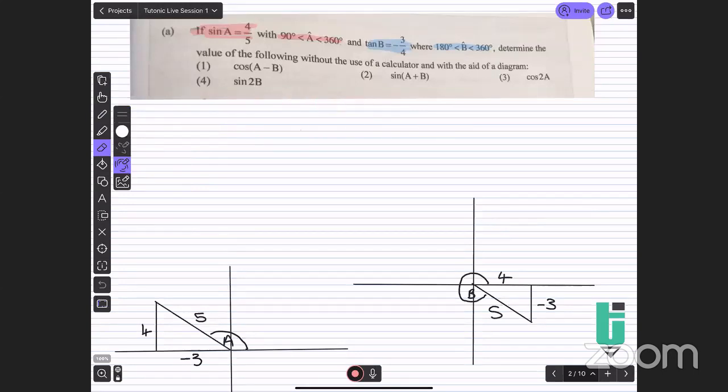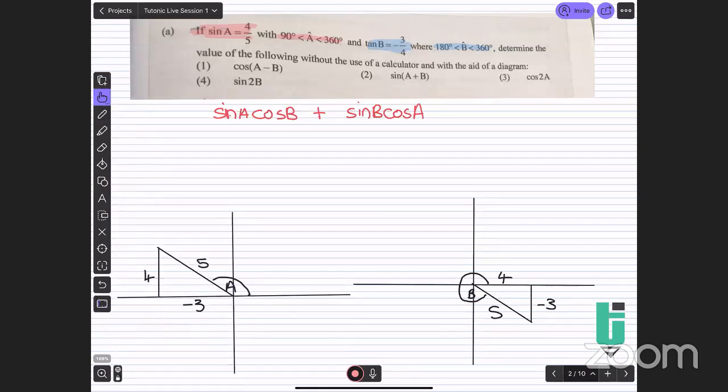Just makes your life so much easier. So it's sine A cos B, plus or minus? Plus. Plus, right? Because remember, with sine, the compound angle, the sign stays the same.